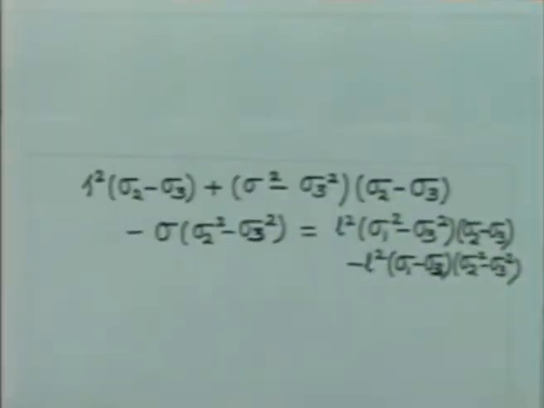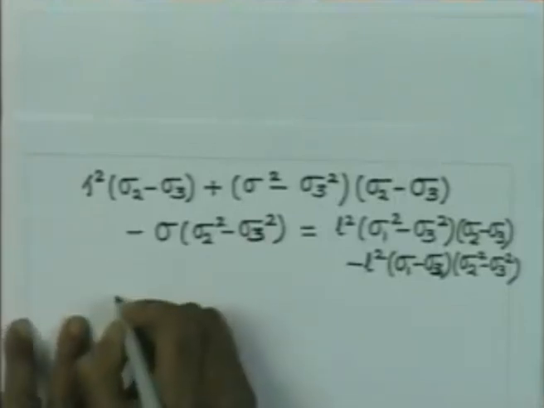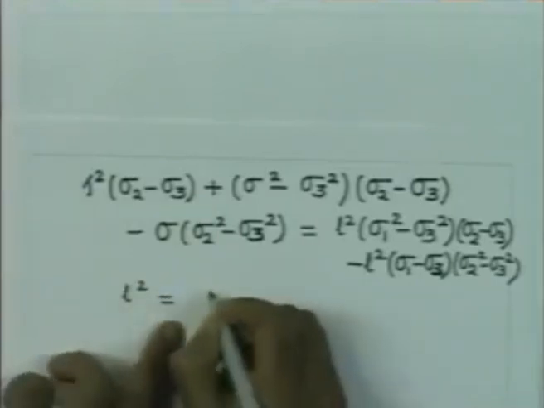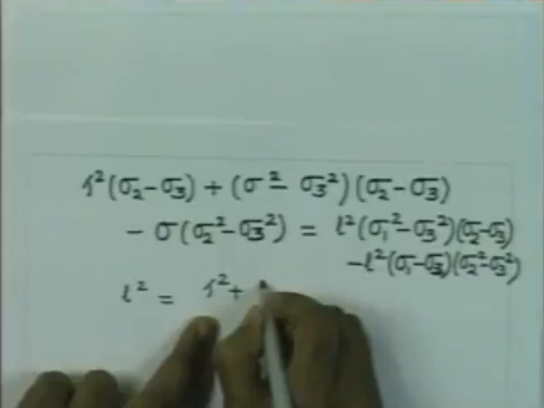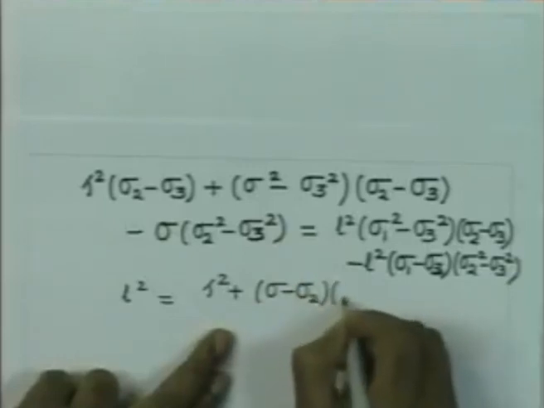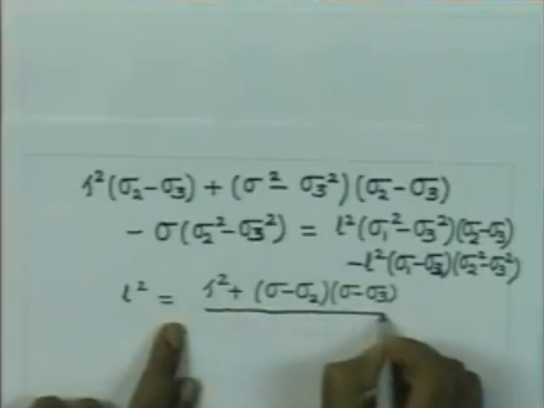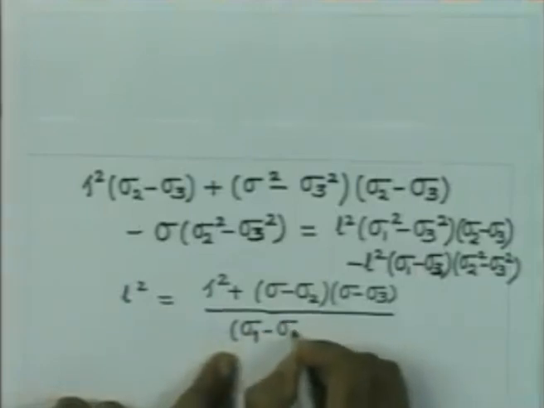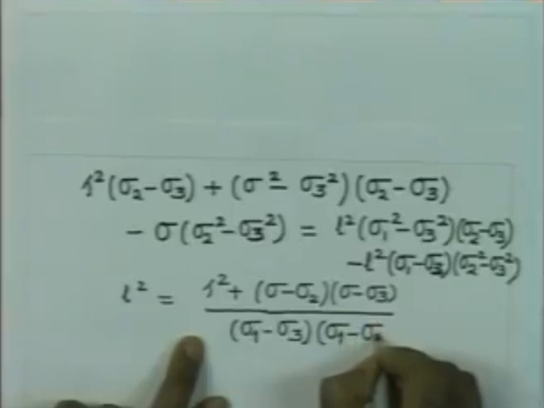So, if we simplify, this can be simplified to get L square equals tau square plus sigma minus sigma 2 into sigma minus sigma 3, divided by sigma 1 minus sigma 3 into sigma 1 minus sigma 2.